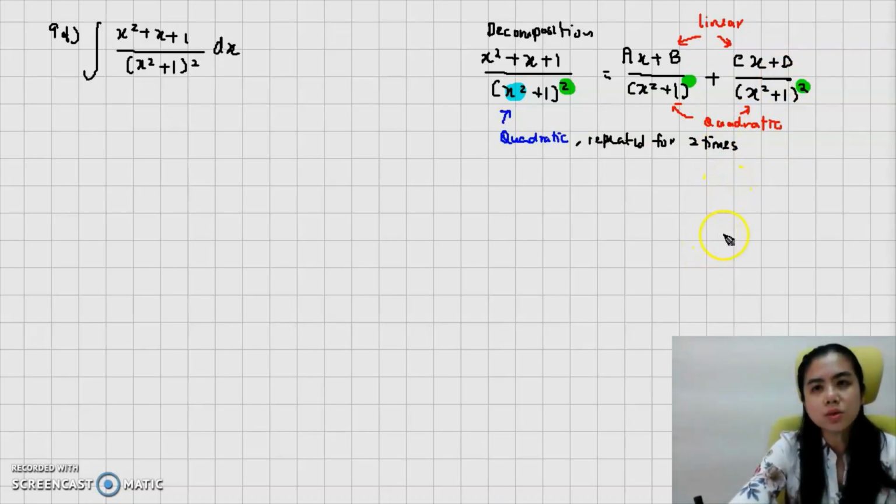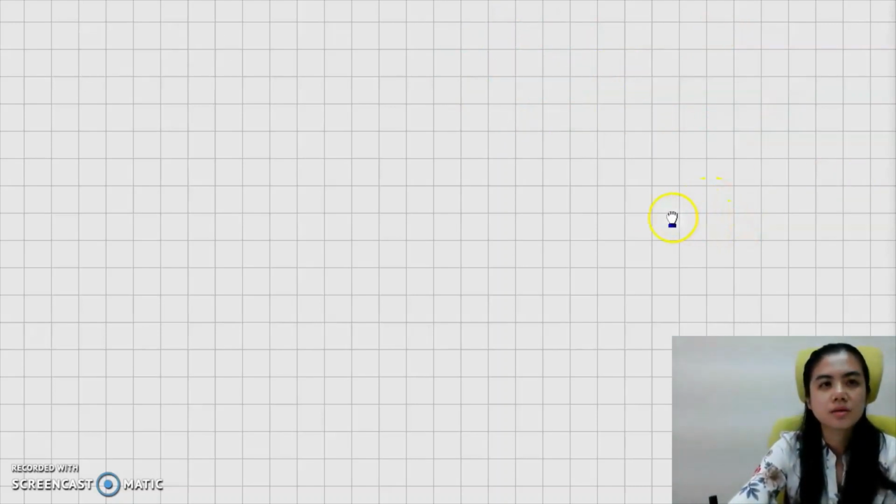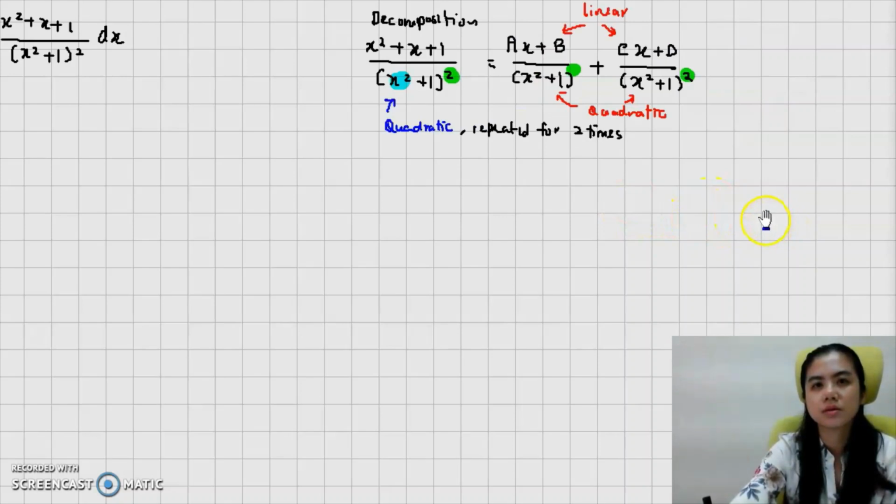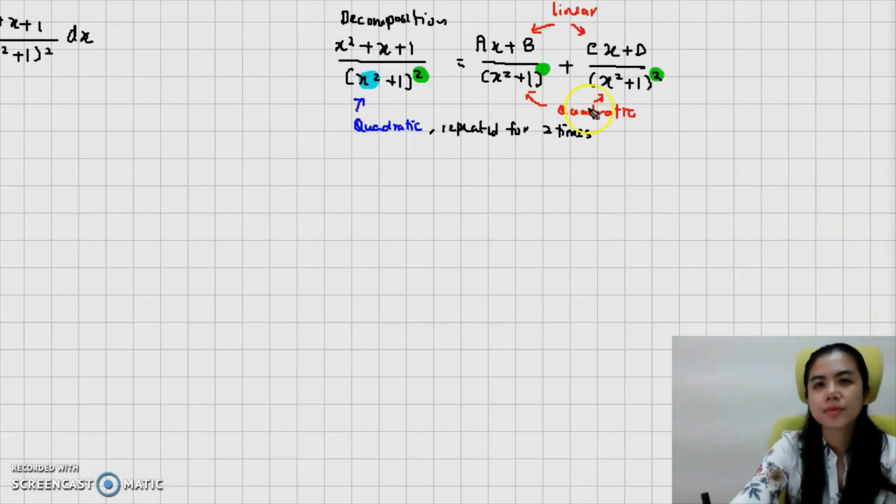Once we have this, the next thing that we should do is you have to multiply each of the items with some factors. What is that factor that you need to multiply?